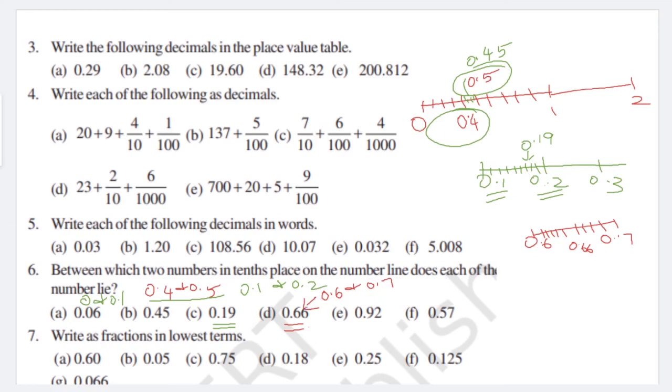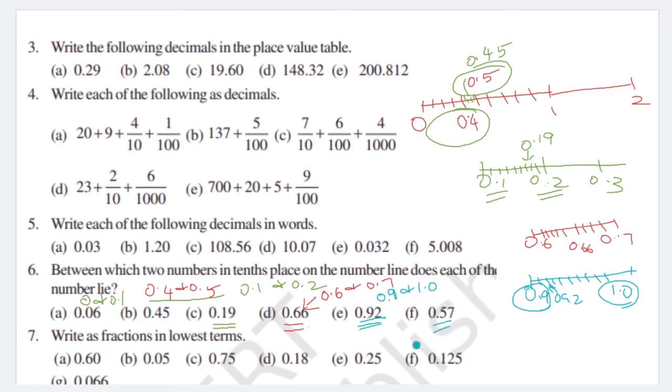Next one, 0.92. 0.92 means it will be lying between 0.9 and after that you will have 1.0. Here you will have 10 divisions, and here you will have 0.92. Sorry, this will be 0.9. It is lying between 0.9 and 1.0.